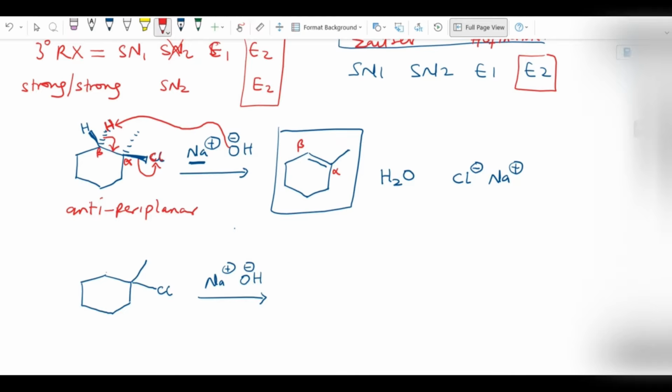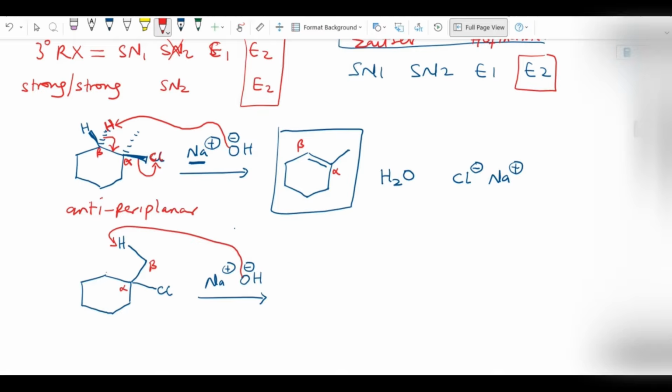All right, so for the minor product to be formed, the base has to pull off a proton from this beta carbon. That carbon has 3 hydrogens. So the base will only abstract one of those hydrogens. So the hydrogen has to be anti-periplanar to the chlorine leaving group.